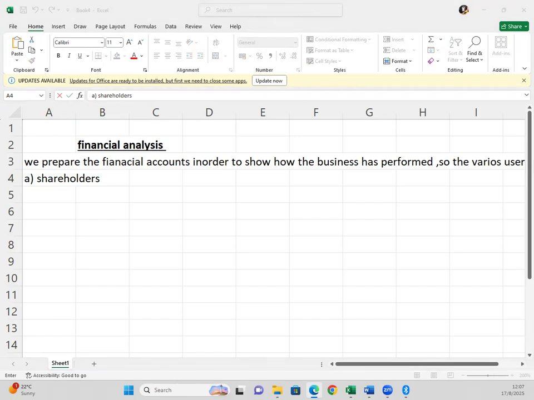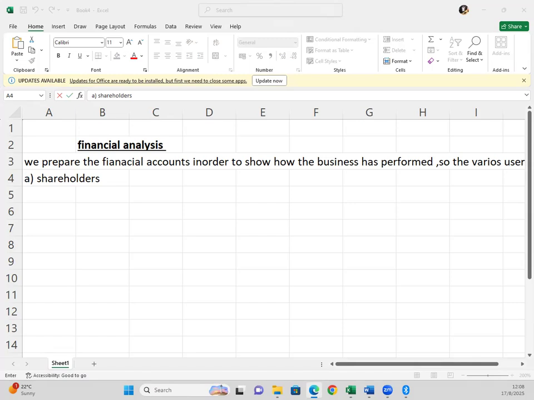They leave it in the hands of the directors. So the reason why we prepare the financial statements is so that the shareholders can see whether the people we left the company with are able to run it the way we expected, so that they can be able to tell whether the company is making a profit or the company is making a loss.